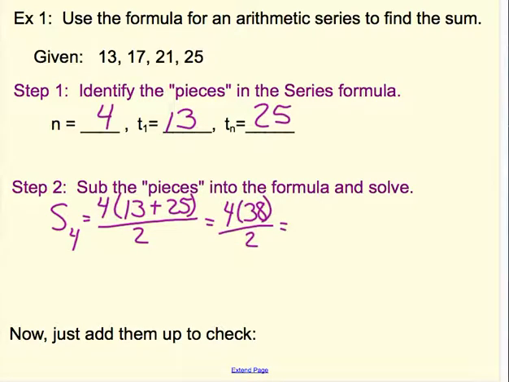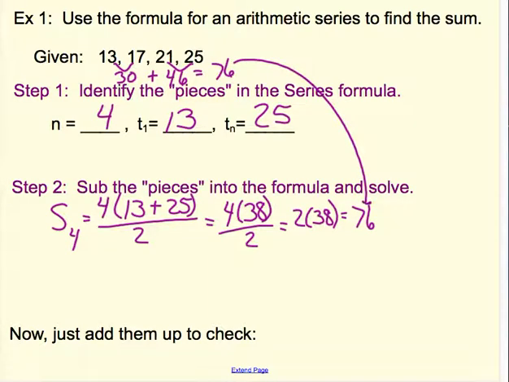And what I would do is 4 divided by 2, because then I can do 2 times 38 without a calculator. So if you wanted to add up the numbers to check your answer, 13 plus 17 gives us 30, and 21 plus 25 gives us 46, and 30 plus 46 gives us 76, which is what we got from our formula.